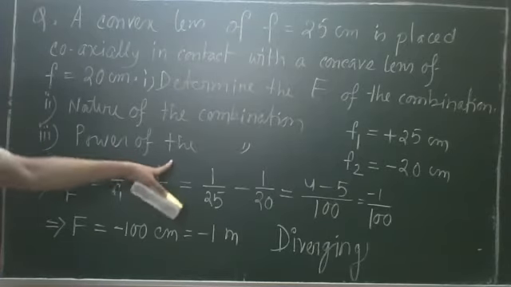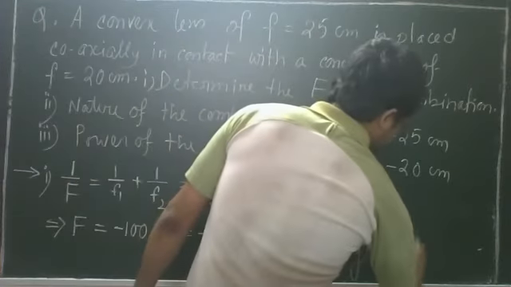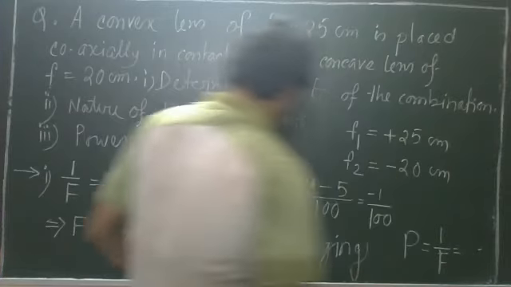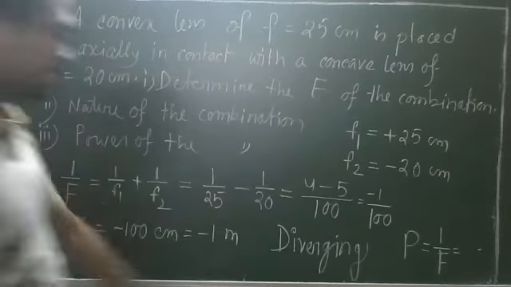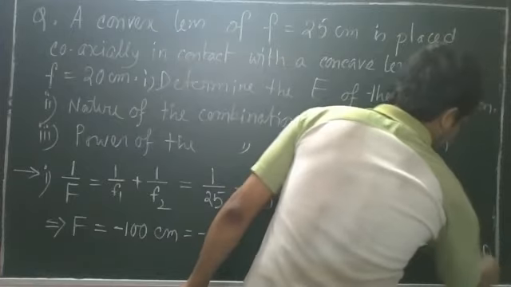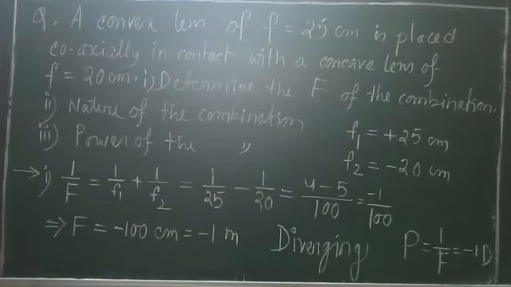Third question, power. Power means 1 by f in meter. Here it is already in meter. So 1 by f you will get minus 1. Do not put meter. Minus 1 diopter. So power is minus 1 diopter.